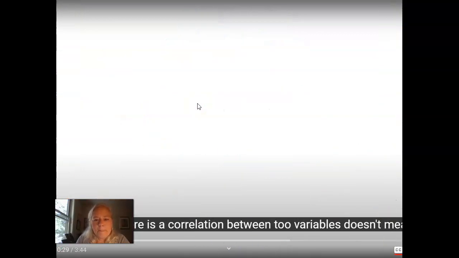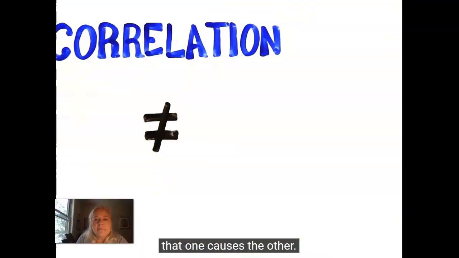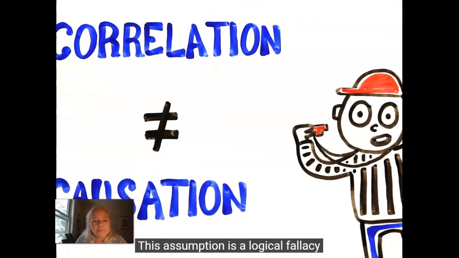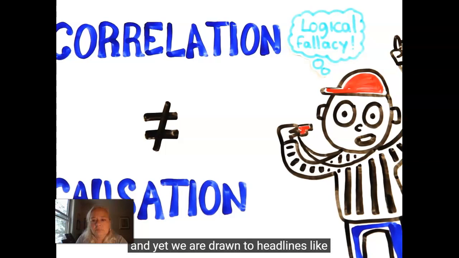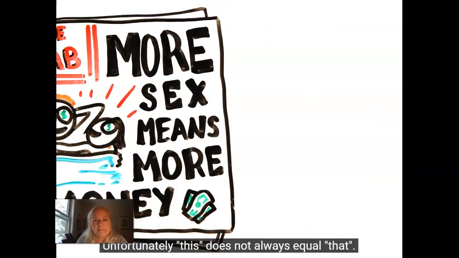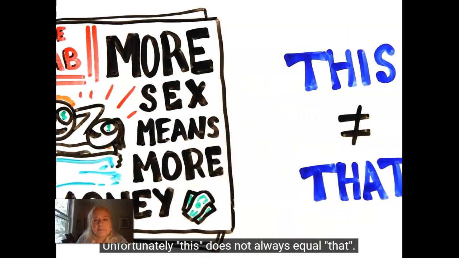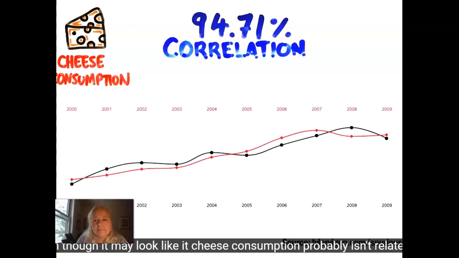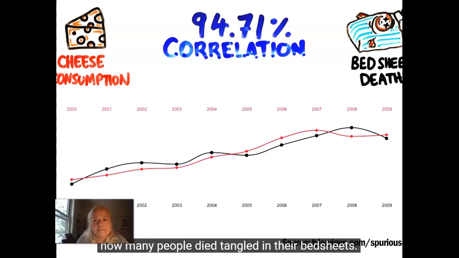Just because there is a correlation between two variables doesn't mean that one causes the other. This assumption is a logical fallacy, and yet we're drawn to headlines like, "People who have more sex make the most money." Unfortunately, this does not always equal that. Even though it may look like it, cheese consumption probably isn't related to how many people die tangled in their bedsheets. But sometimes it isn't so obvious.